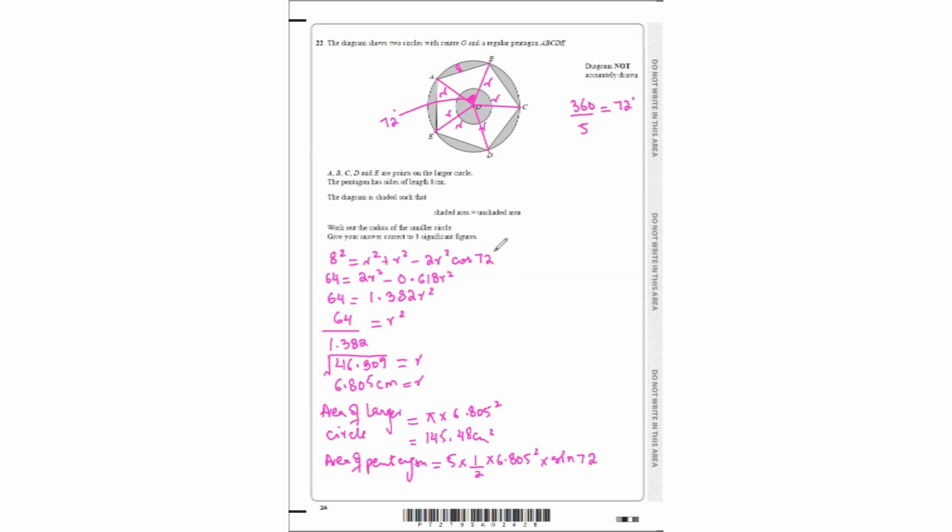So that's 1/2 ab sine of angle C. Over here, a times b is the radius, so r times r. That's why it's 6.805 squared. And the angle is 72. For us to be able to apply this formula, the conditions are the same as the cosine rule. We need two lengths and the angle between them. And we did have that. So for the area of the pentagon, we're going to have 110.10 centimeters squared.